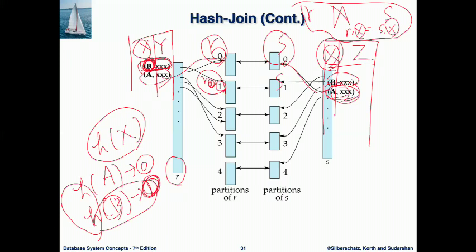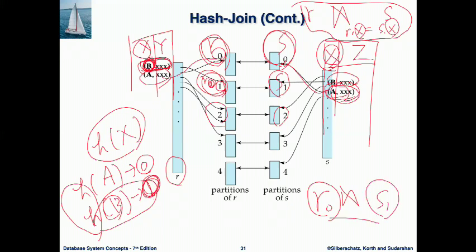So when you use the same hashing function on both input tables, you just need to join R0 and S0, R1 and S1, and R2 and S2. You never, ever need to join R0 with S1 because it is guaranteed to be an empty set.